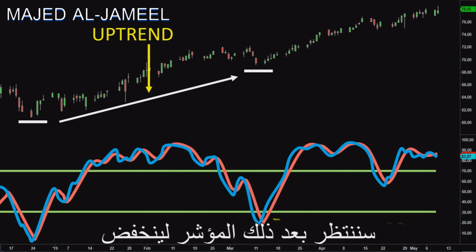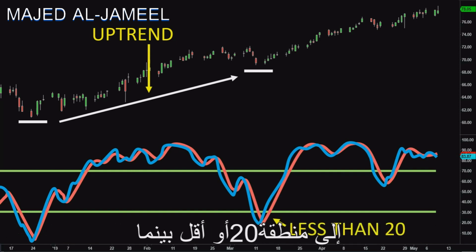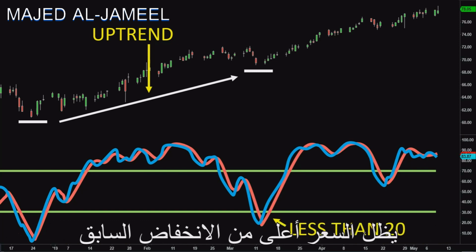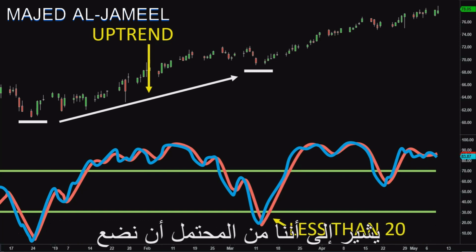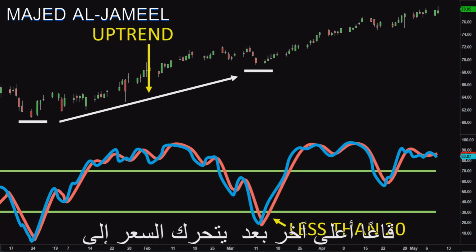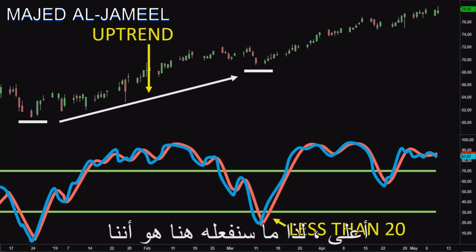So next we'll wait on the indicator to fall to an area of 20 or lower, while the price stays higher than the previous low, keeping our trend intact. And this indicates that we're likely to put in another higher low after the price moves higher.